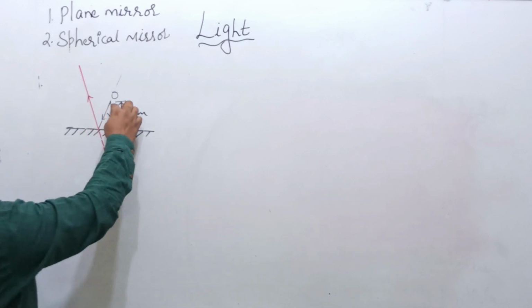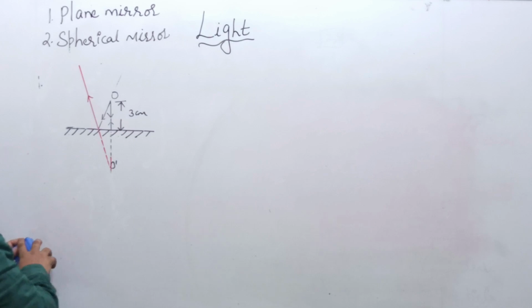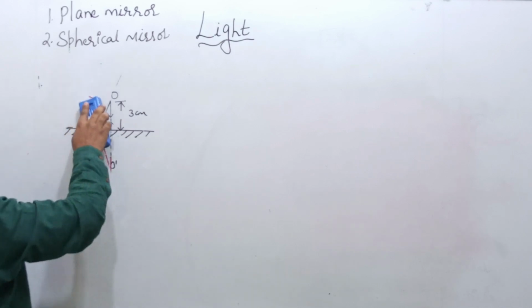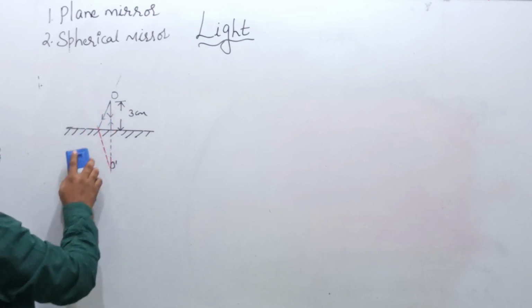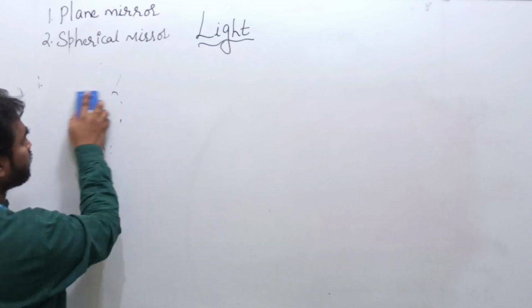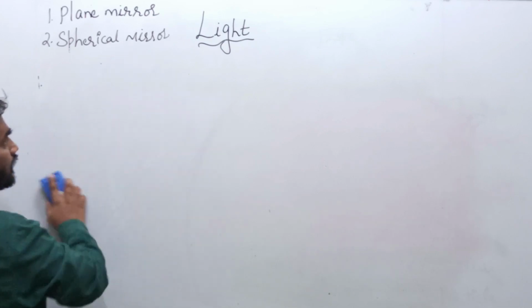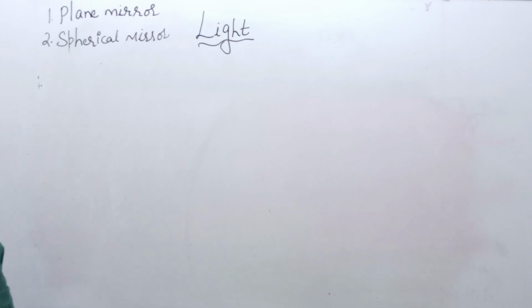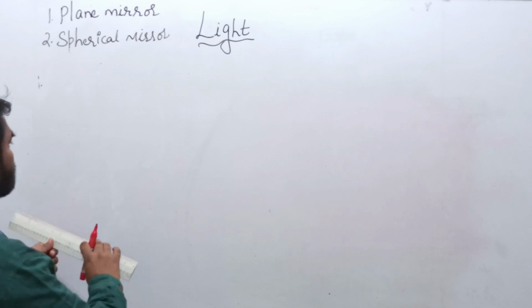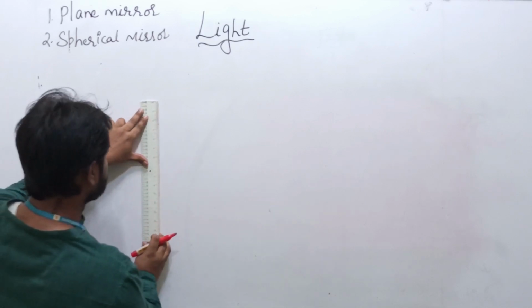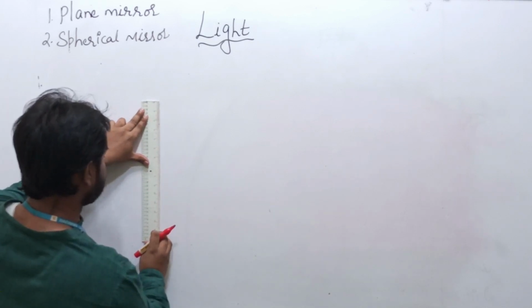So the object distance and the image distance would be the same. Let me draw like this so that it would be easy for us to understand.